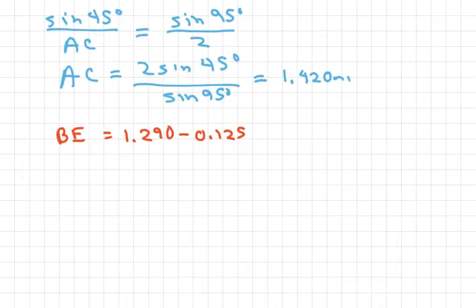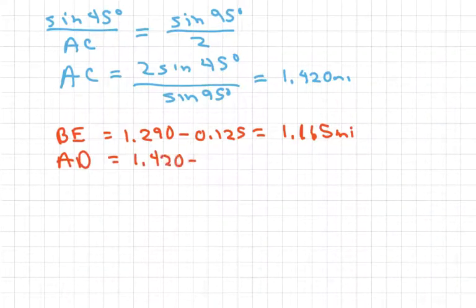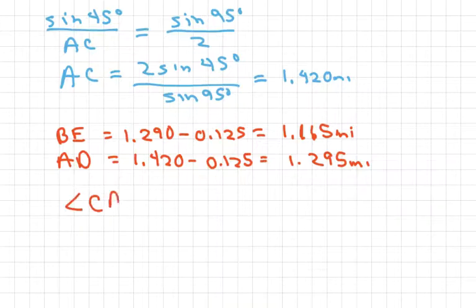All right, so that's going to be 1.165 miles, and the length of AD equals 1.420 minus 0.125, which equals 1.295 miles.